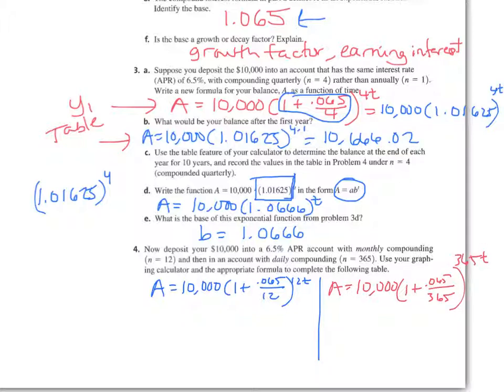What I would encourage you to do before making that table on the next page is to rewrite each one of these like we did on the one just above. Calculate the part 1 plus 0.065 divided by 12, to the 12, and write that as your B. Find that and then rewrite it. Same thing for this one. It'll just be easier to keep plugging things in. Calculate that part as your B and rewrite the formula.